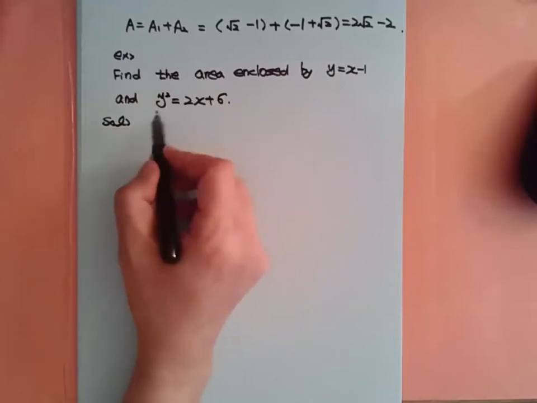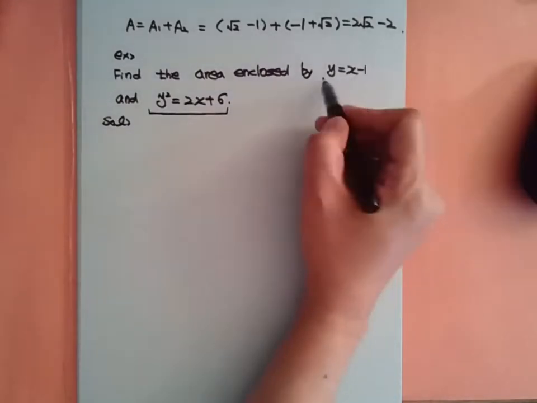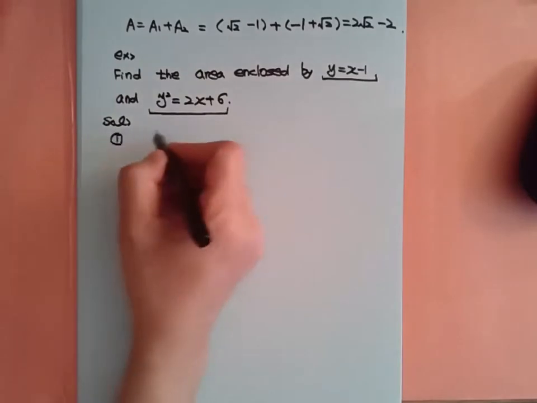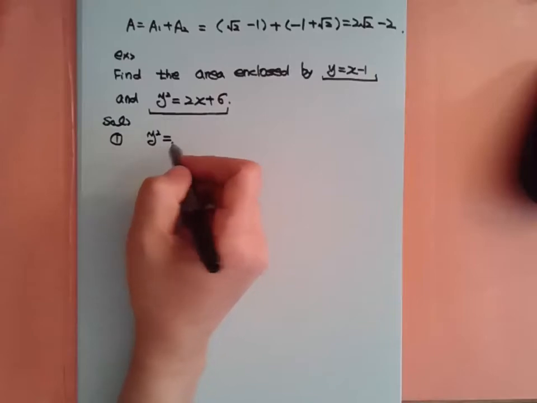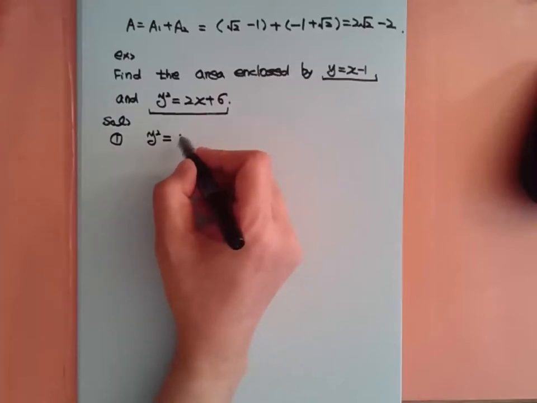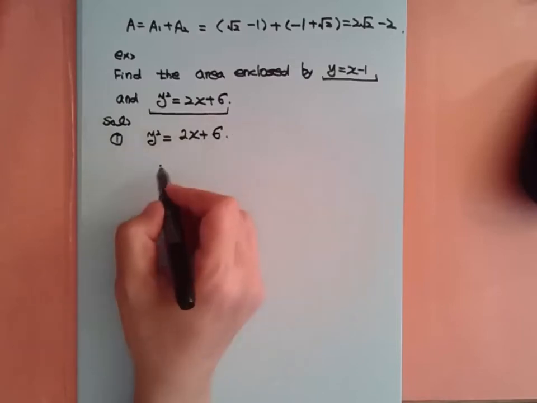Firstly, we want to figure out the graphical shape of the second equation, because the first one is just a straight line. This is a parabola because we have y squared, but it is not a function of x. We can regard this as a function of y. Let's solve for x.